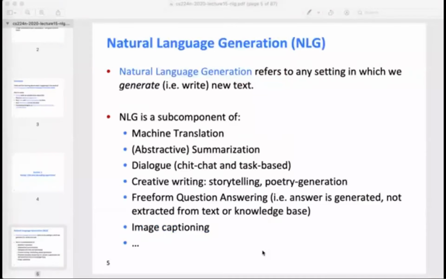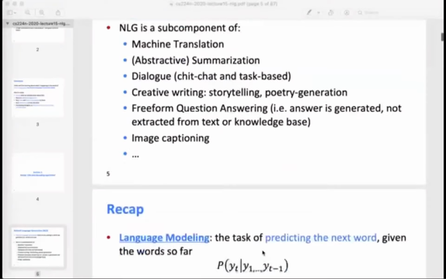It contains chitchat, task-based dialogue, non-task-based dialogue and so on. And also creative writing, for example, story writing, poetry generation, and free-form question answering. In other words, the answer is generated by natural language generation, so it's not extracted from text or an existing knowledge base. And also image captioning, etc.